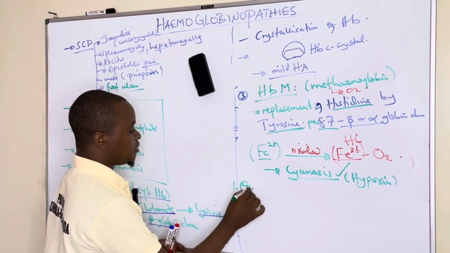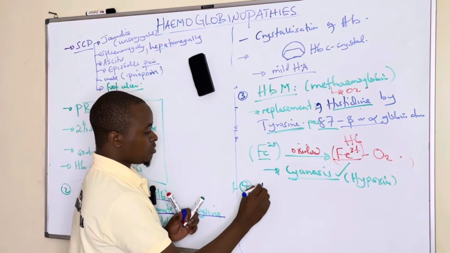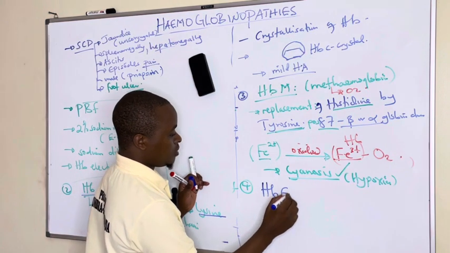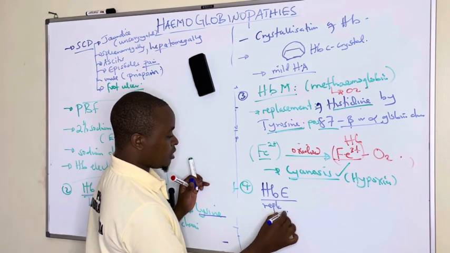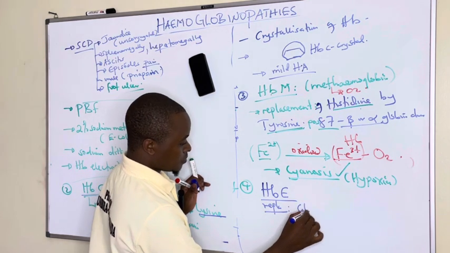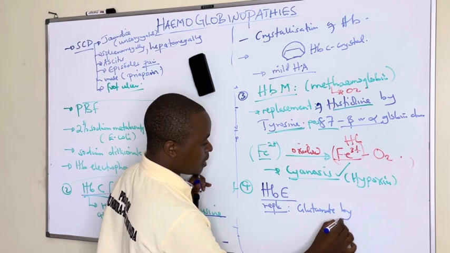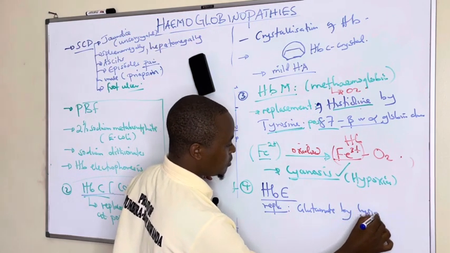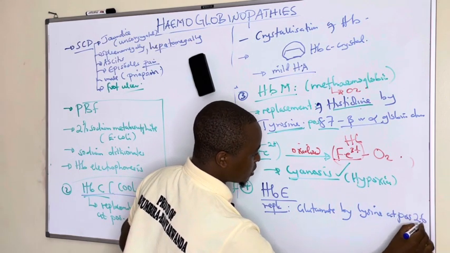Then the second last hemoglobinopathy we can talk about is hemoglobin E. And this hemoglobin E is due to replacement. We are replacing glutamate or glutamic acid by lysine at position 26.